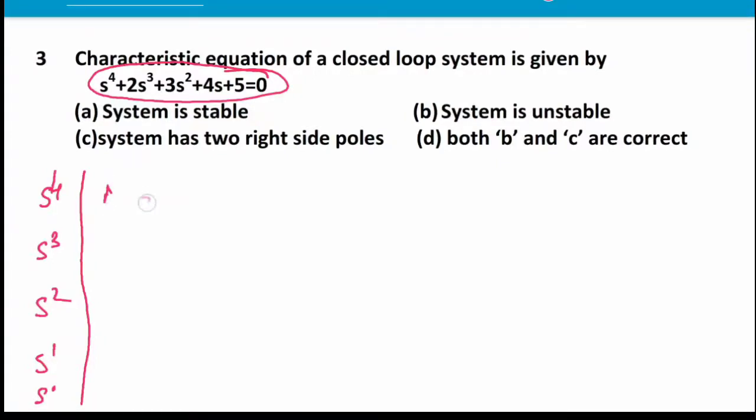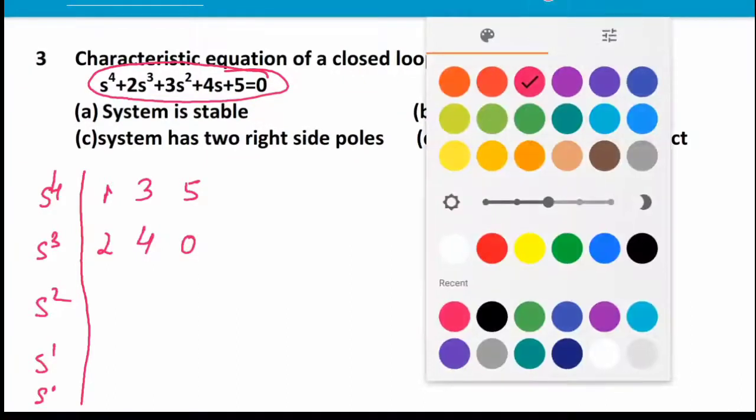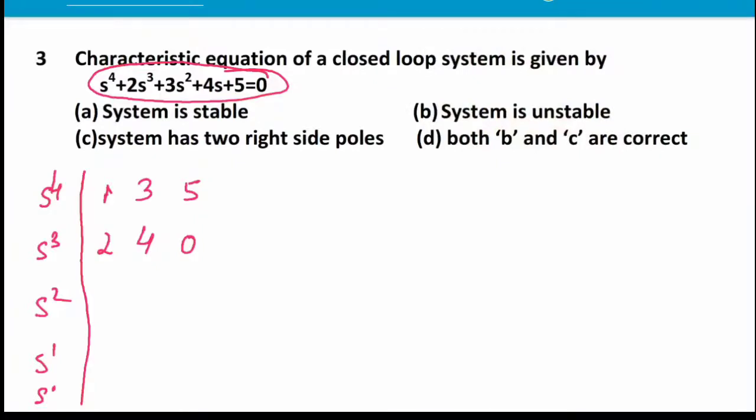Here is 1, here is 3, and here is 5, here is 2, here is 4 and here is 0. Then here the calculation will be 2 into 3, that is 6 minus 4 by 2, this will be 1.